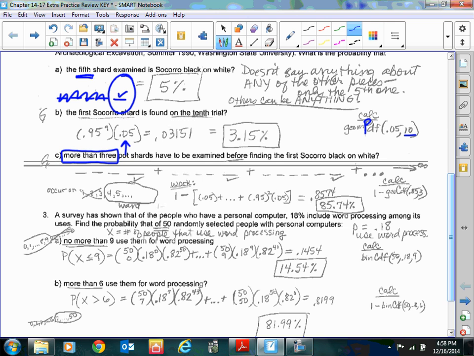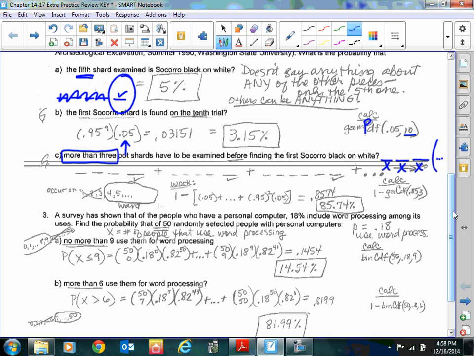If you simplify this, it is saying the first one is not it. The second one is not it. The third one is not it. That means somewhere out here it occurs. I don't care where it occurs out there. It could occur 4th, 5th, 6th, whatever.